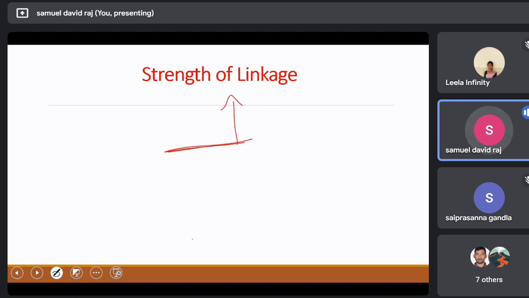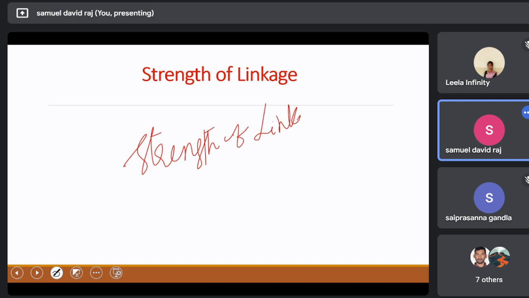So here, what we can say is, the strength of linkage depends on the distance between the linked genes.